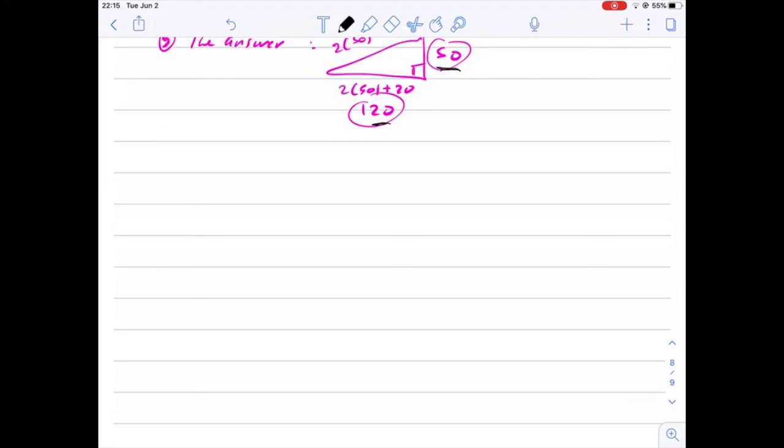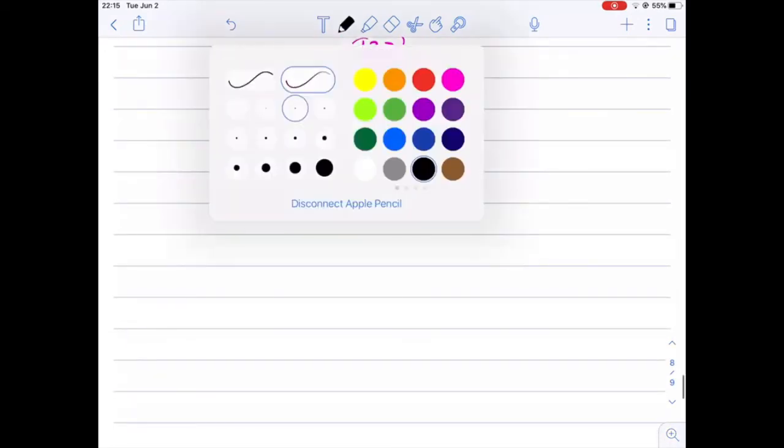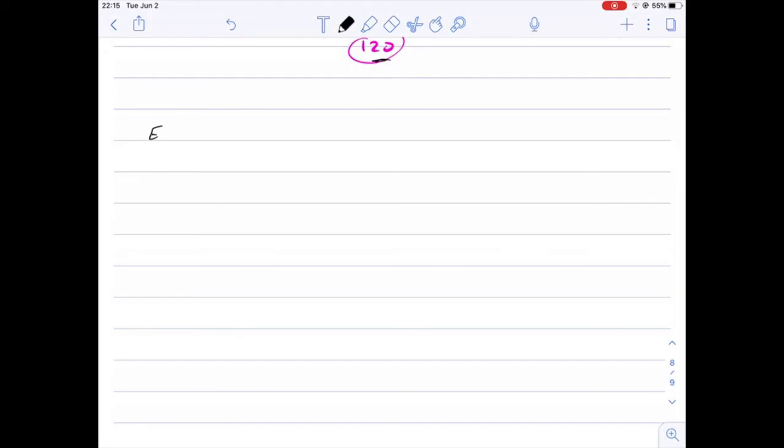Now the last example. We have a projectile that's launched vertically according to the equation s equals negative 16 t squared plus 100 t.